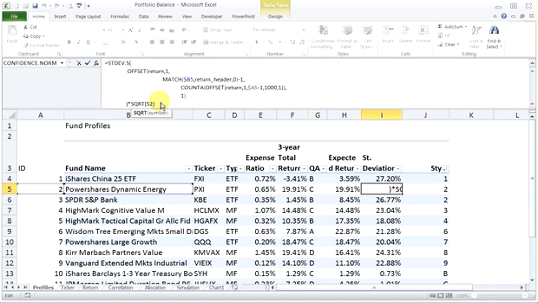So we want to multiply by the square root of 52. 52 weeks in a year, we don't want to multiply by 52. That would be inaccurate. Risk scales to the square root of time. So we want to use times square root 52.